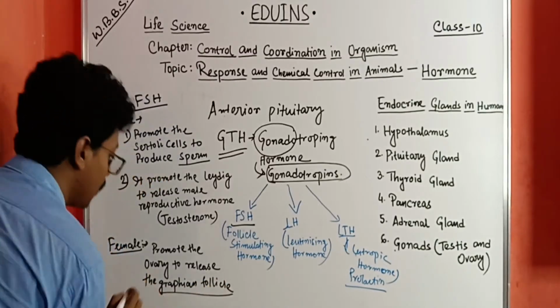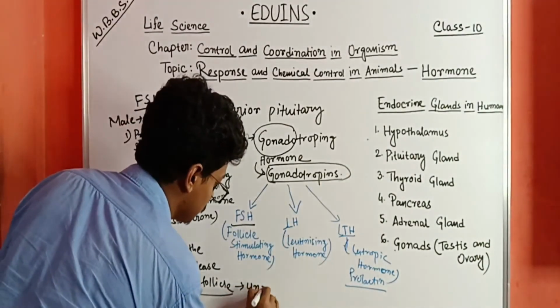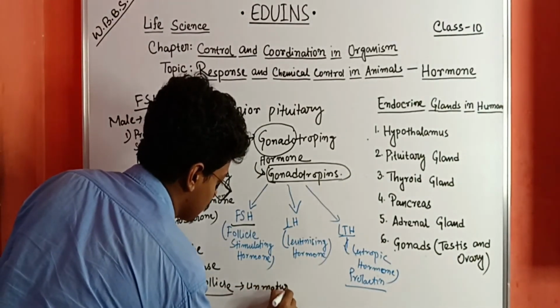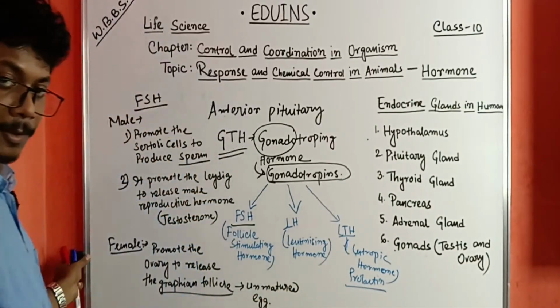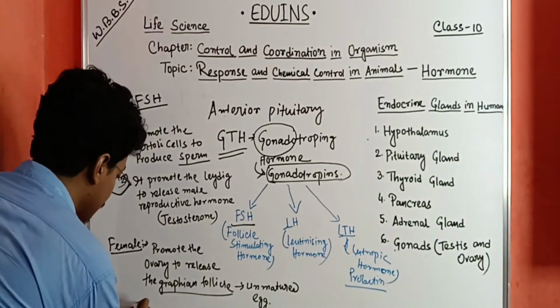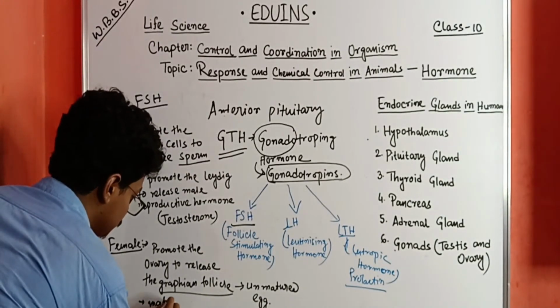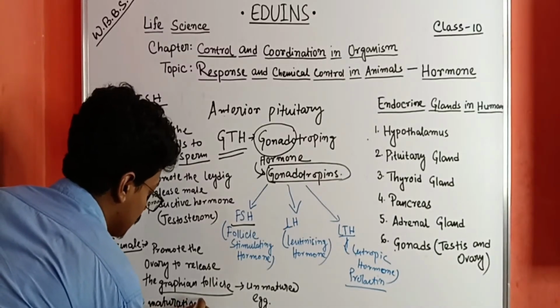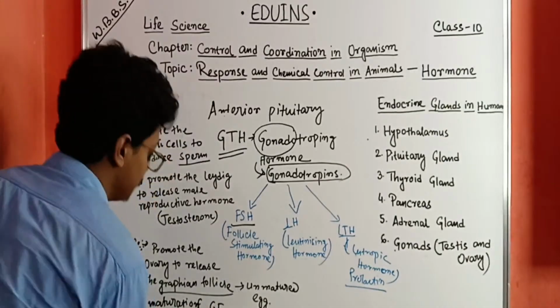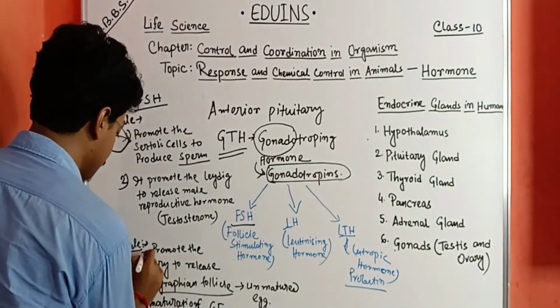What is Graafian follicle? Graafian follicle is nothing but the unmatured egg. Okay. Secondly, it promotes the maturation of the Graafian follicle. Okay.